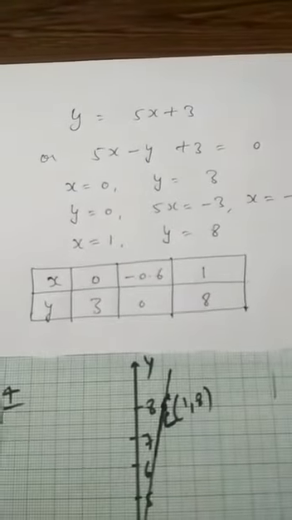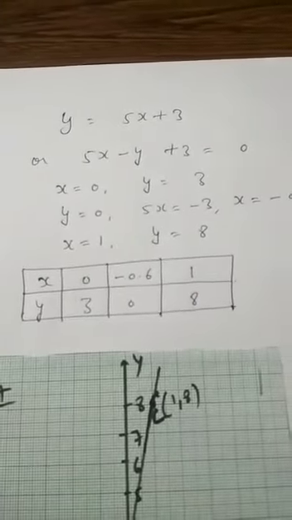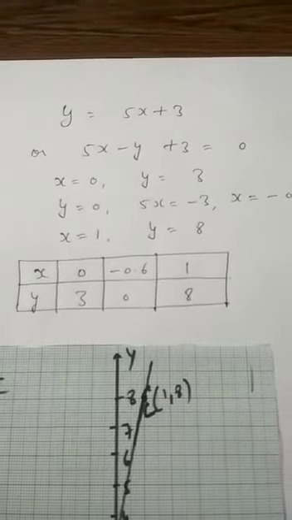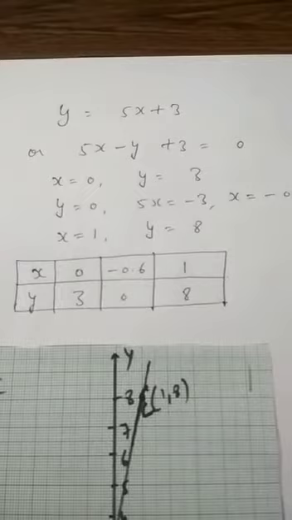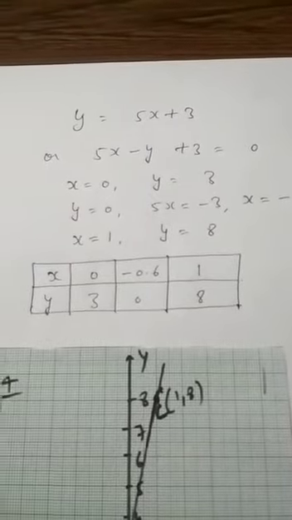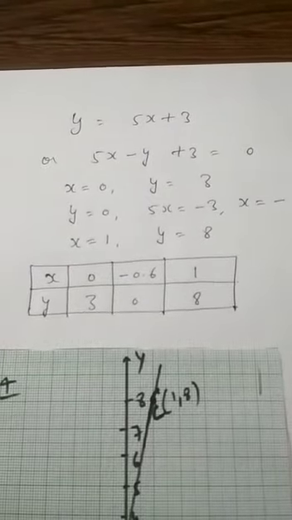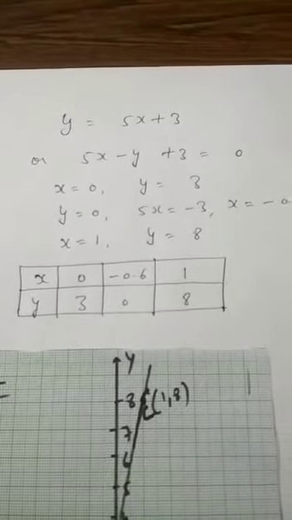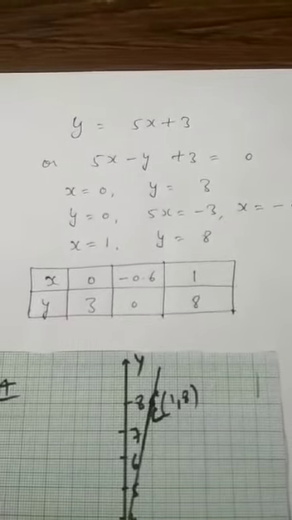Now for the graph, I have the equation y is equal to 5x plus 3. In standard form, it can be written as 5x minus y plus 3 is equal to 0. Again we will find 3 solutions.